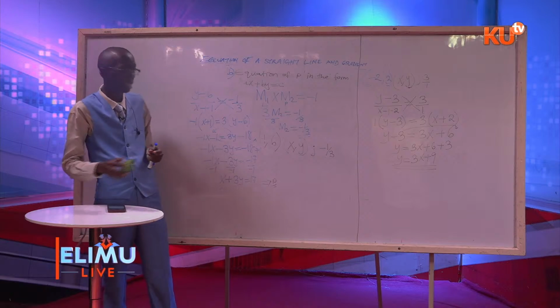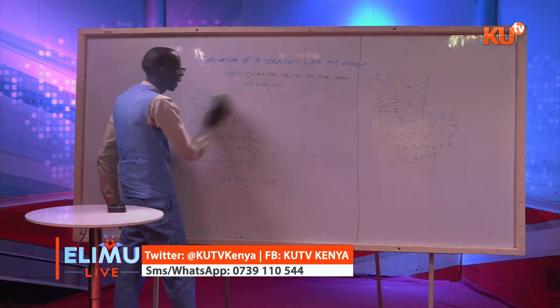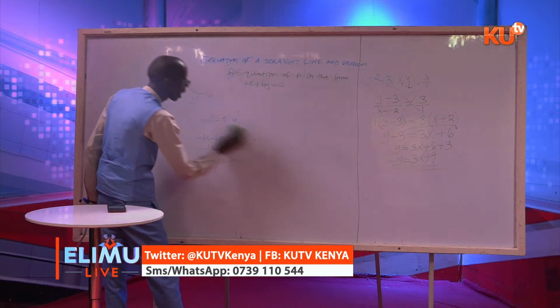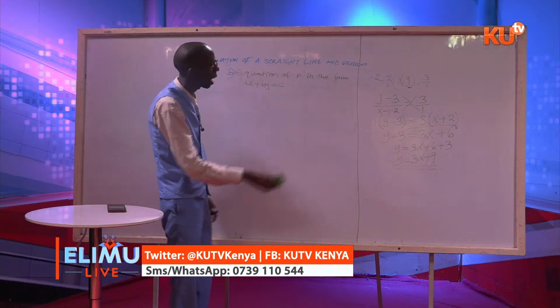Question number C, my dear students, is about parallel lines. And we've said parallel lines, they do not meet. Therefore, their gradients are the same.